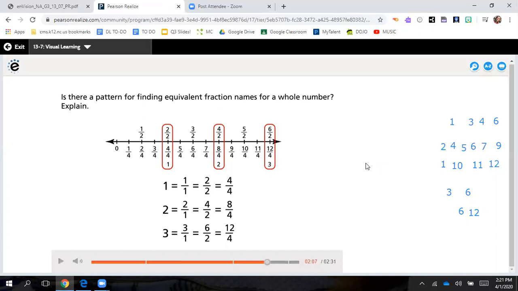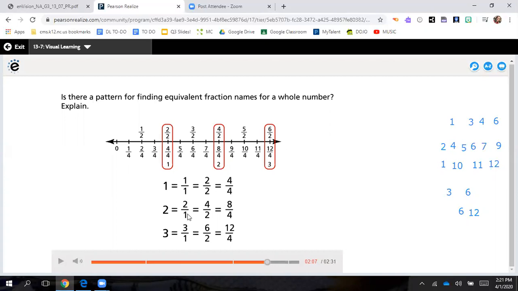So what I want you to think about is, is there a pattern for finding equivalent fraction names for a whole number? So you can see that for 1, the numerator and denominator are always the same for a whole number. On here, you might notice a pattern for when there's 2 wholes that the numerator is double the denominator.